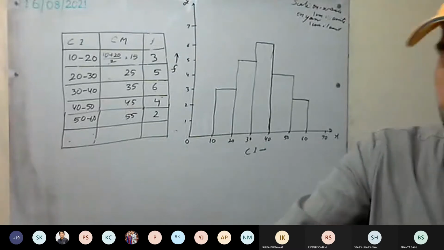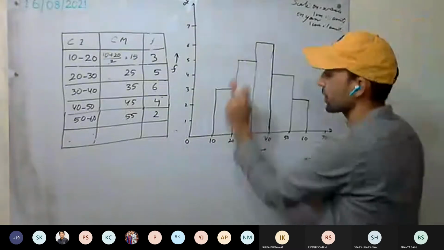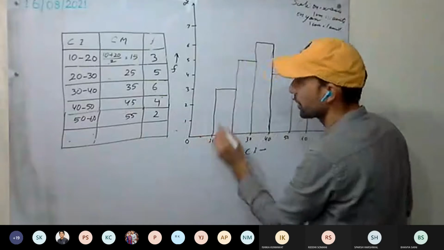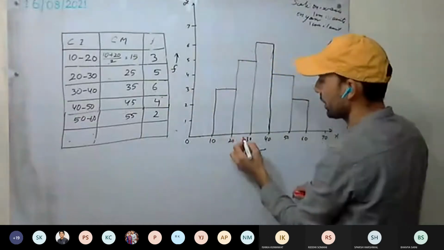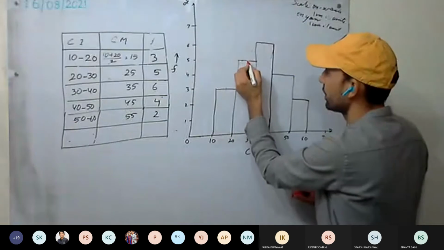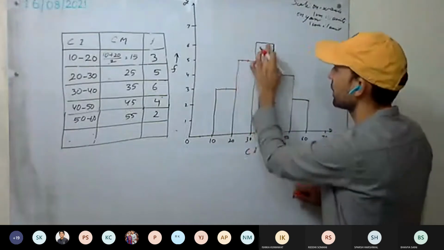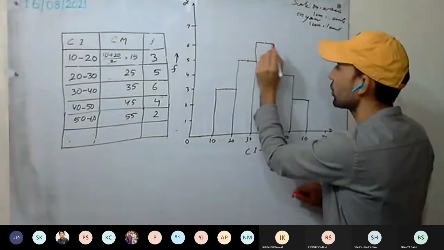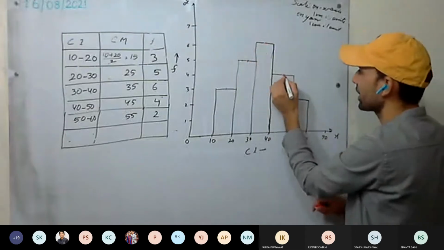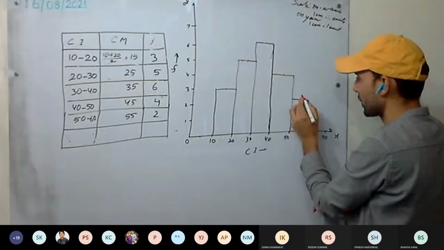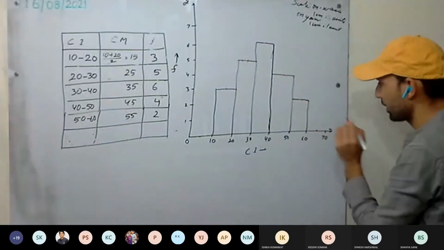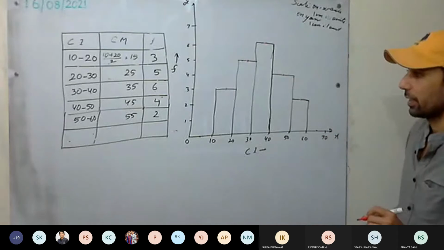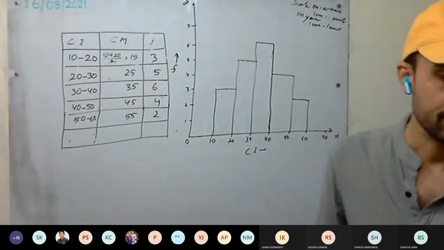Now to draw the frequency polygon, mark the center of each class. 0 to 10, it will be 5. Here it is 15. Similarly here. Don't rub and mark, simply mark with pencil. Now join them.